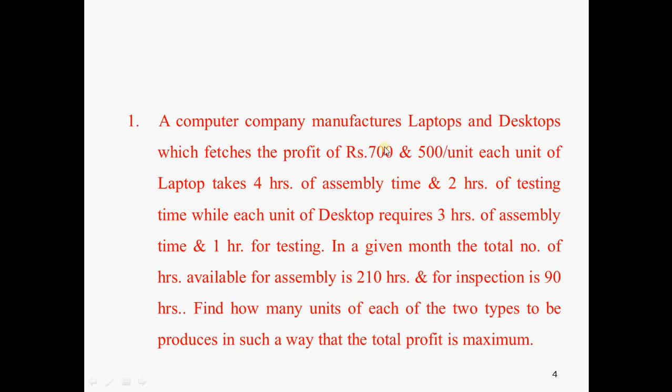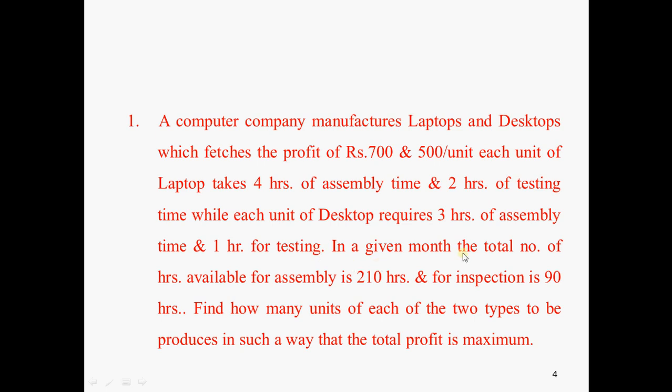A computer company manufactures laptops and desktops, which fetch a profit of rupees 700 and 500 per unit respectively. Each unit of laptop takes 4 hours of assembly time and 2 hours of testing time, while each unit of desktop requires 3 hours of assembly time and 1 hour for testing.